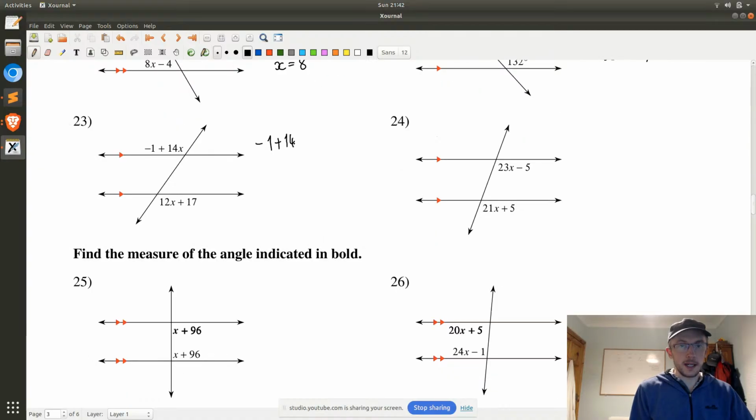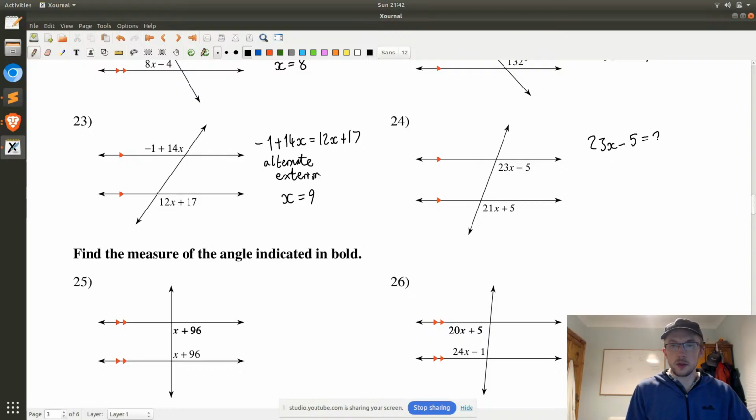-1 plus 14x equals 12x plus 17. Reason being they are alternate exterior angles. And so solving this, x is 9. 23x take 5 equals 21x plus 5.